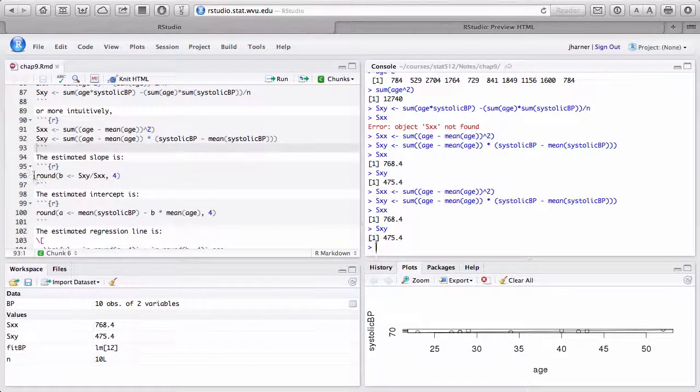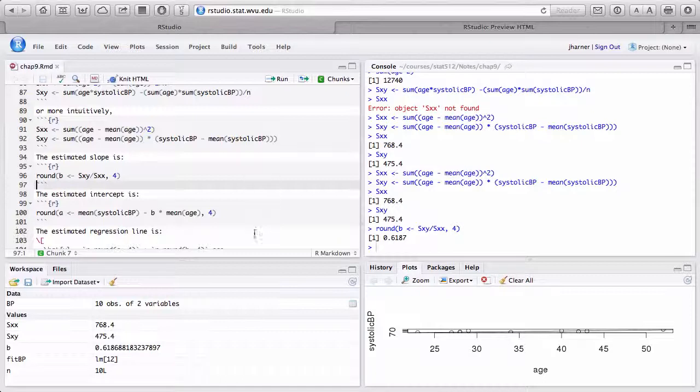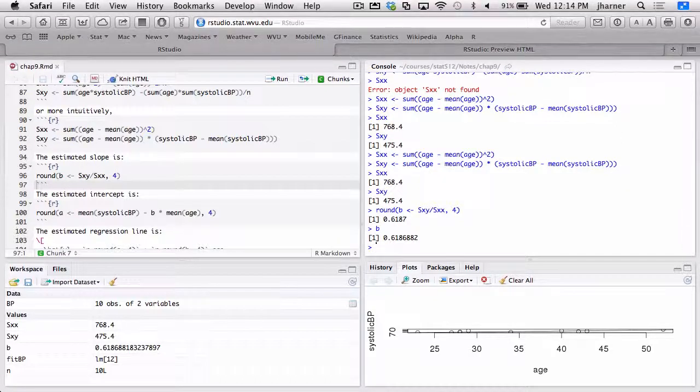So again, continuing to use R as a calculator, I now compute b as S sub xy over S sub xx, but I'm also going to round it off to 4 digits. In some cases it prints out too many digits and you want to round it off. And then if I now print out b, why did it not round it off?